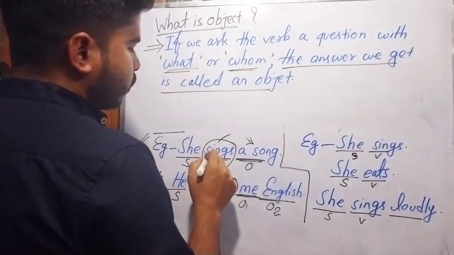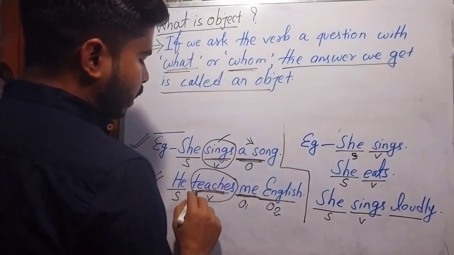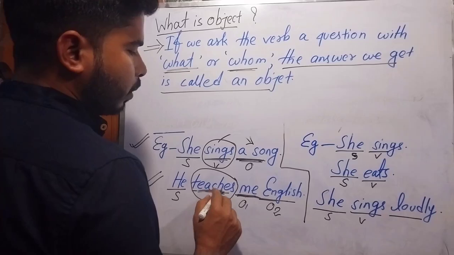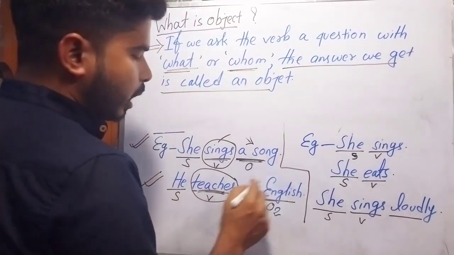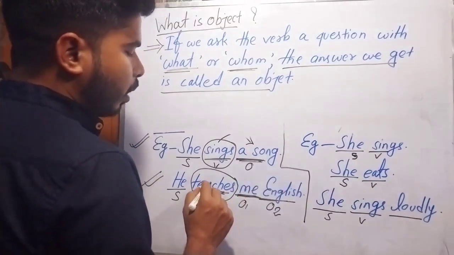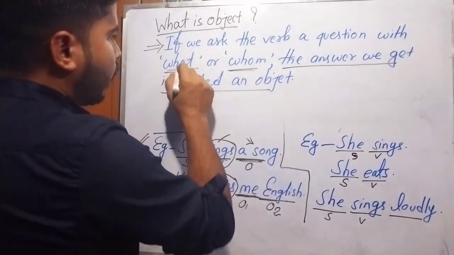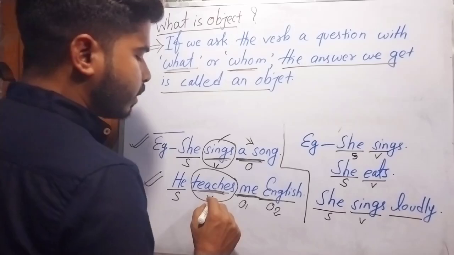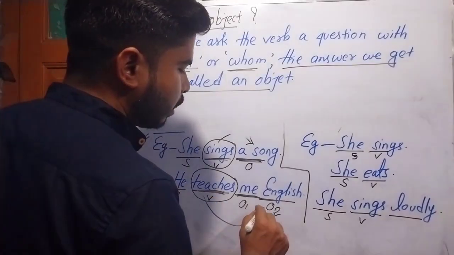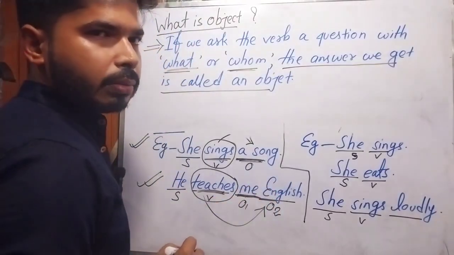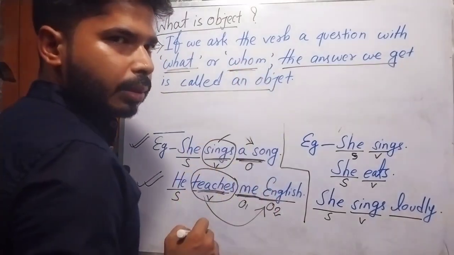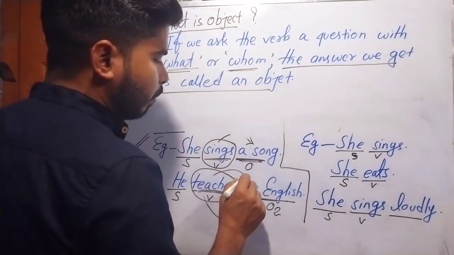Okay. So in the second example, he teaches me English. So the verb is teaches. Now ask the question with what and whom. What teaches? The answer is English. Whom teaches? Again the answer is me.